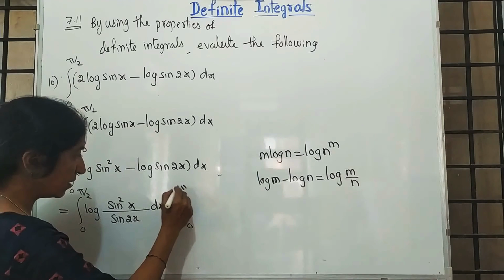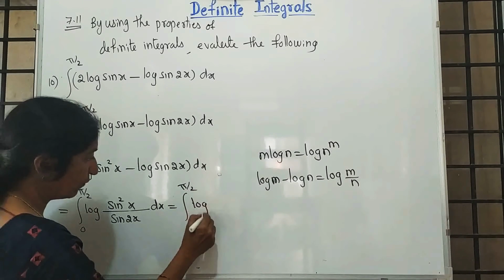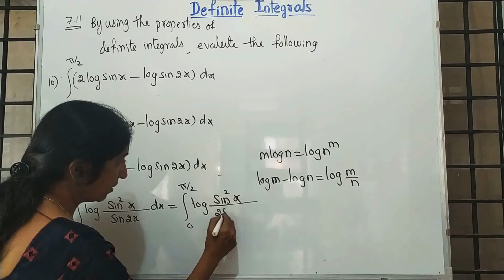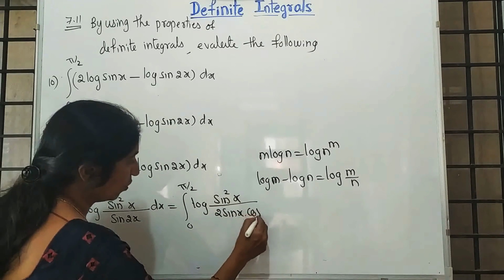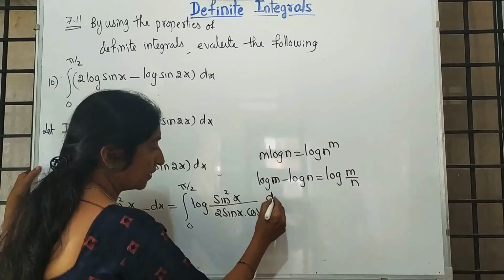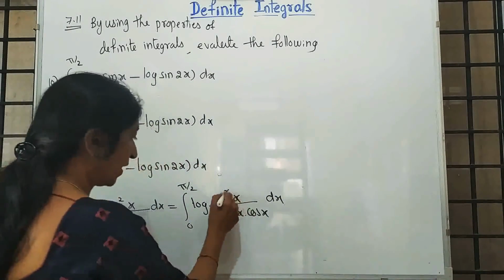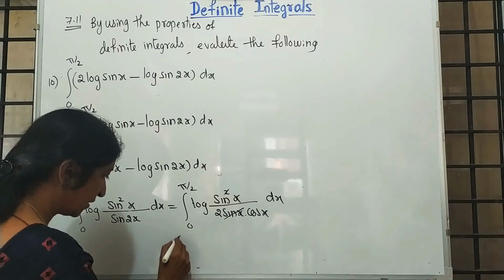Here direct cancellation is not possible because this angle is 2x, this is x. That's why I am writing 0 to pi by 2 log of sin square x, and sin 2x is 2 sin x into cos x, into dx. One sin is cancelled with this.